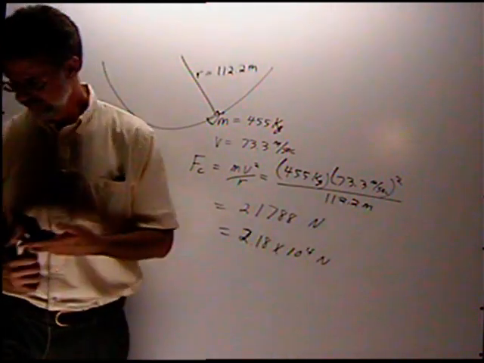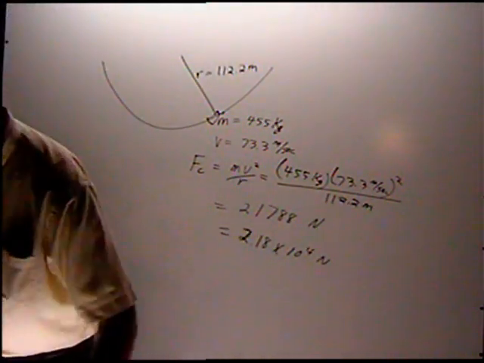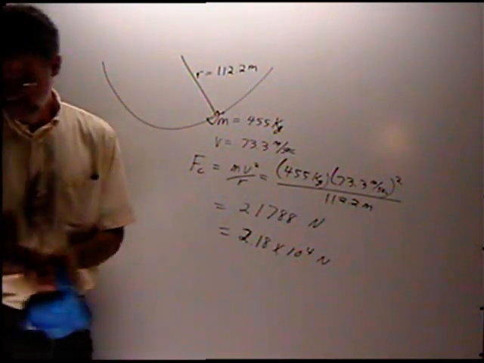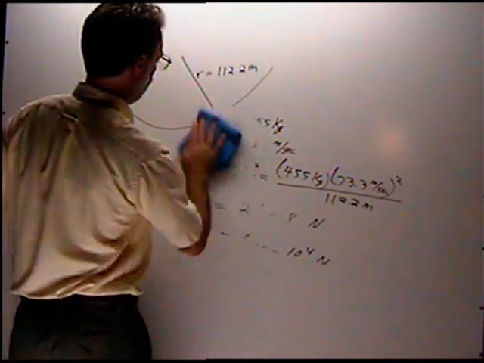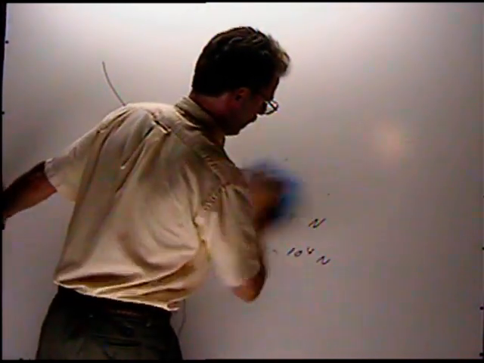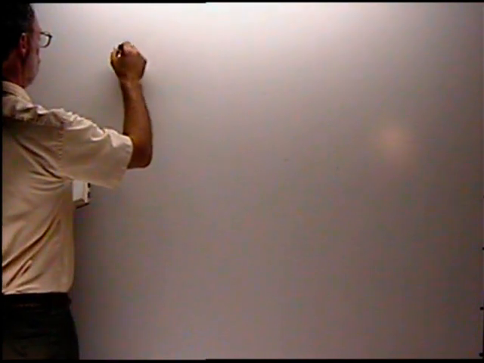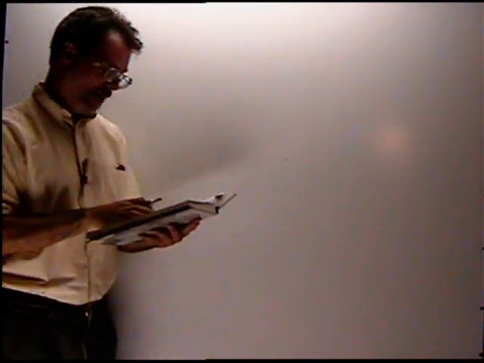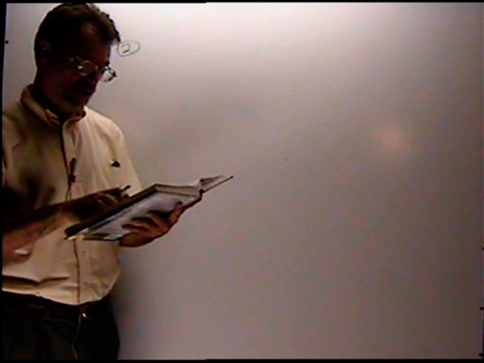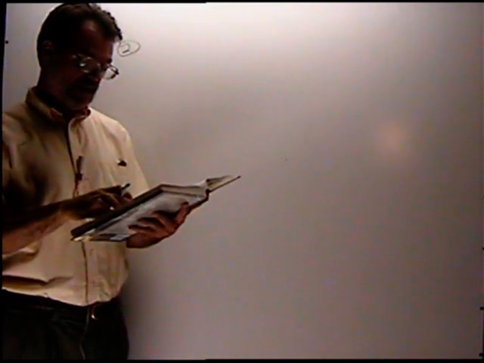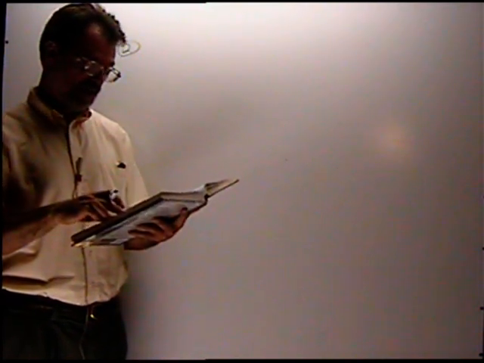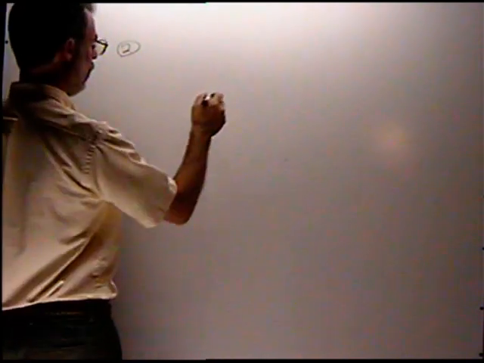Okay? Okay, number 2. A popular amusement park ride is made up of a hollow cylinder that spins. And you've seen this before.